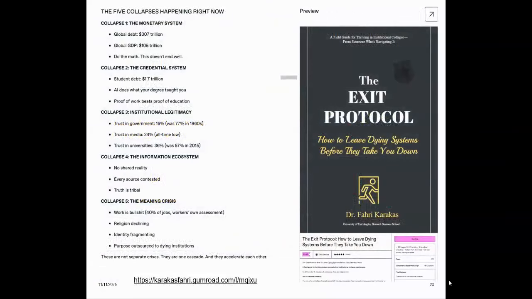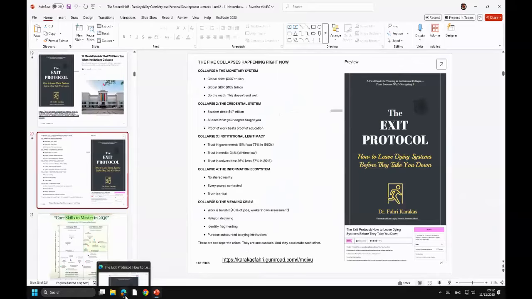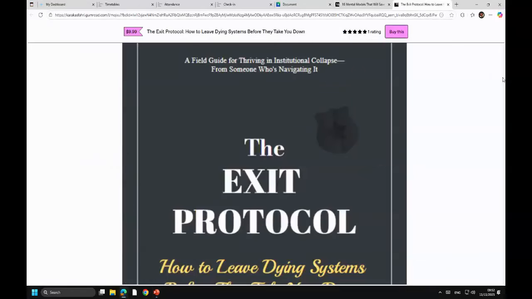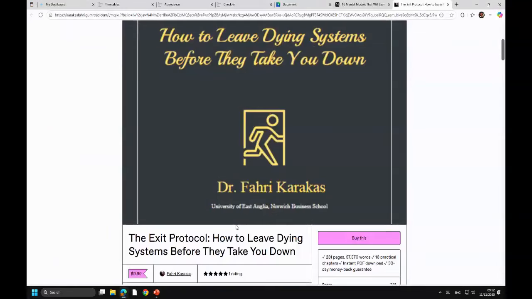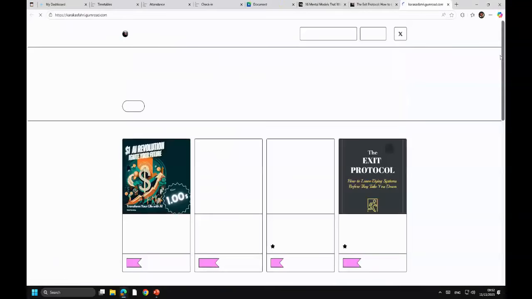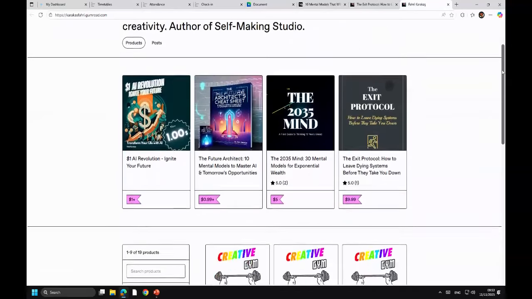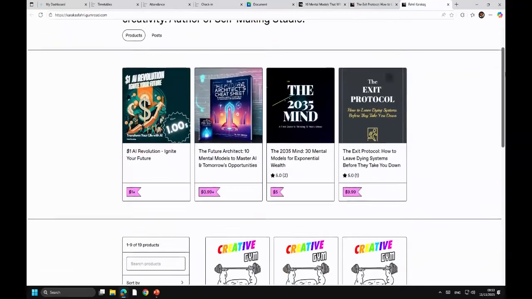And if you look again at my Gumroad, don't just build one product. You can build multiple products. If you click on my page, you can see that I have been building these different products.